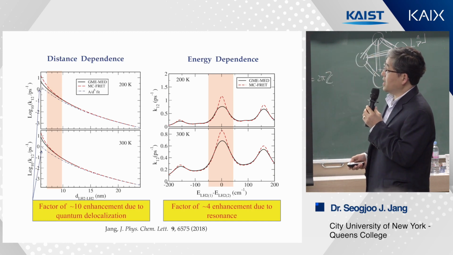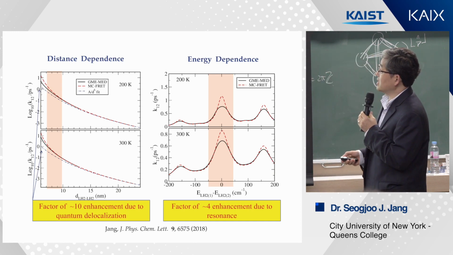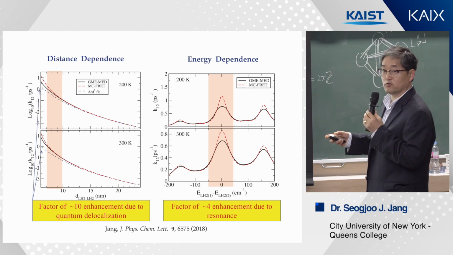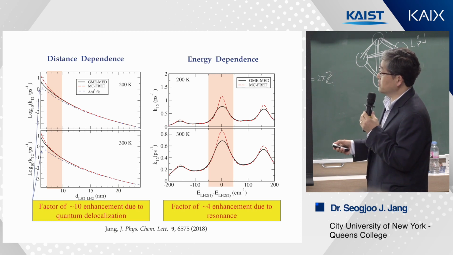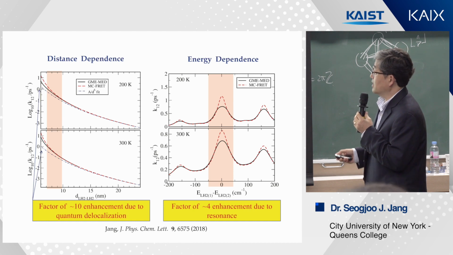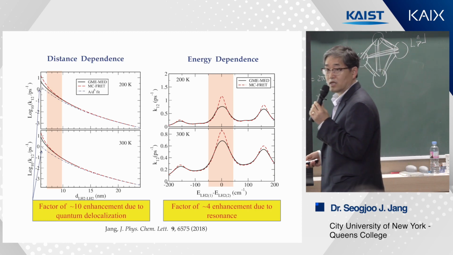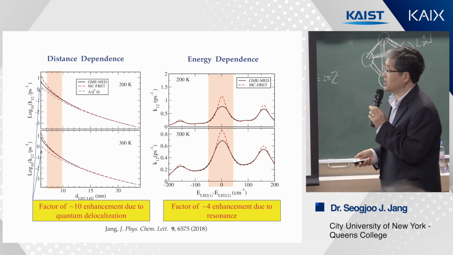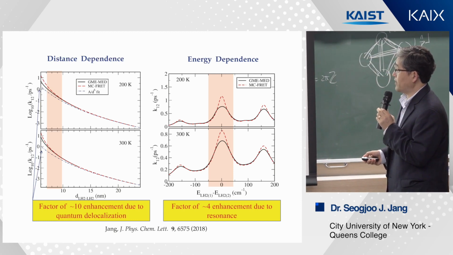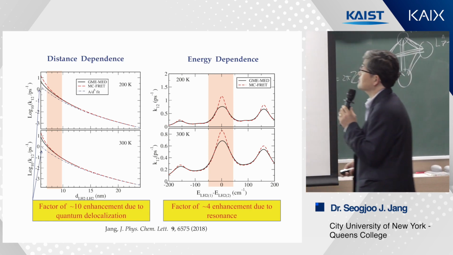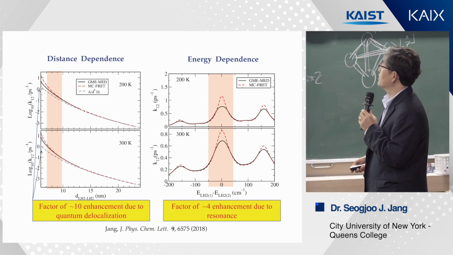And then we applied our theory to calculate the distance dependence of the exciton dynamics between two LH2 complexes. These are all on a logarithmic scale. If we extrapolate the long distance one based on the first type behavior, what we find is that when they are very close to each other, there can be about a factor of 10 enhancement due to quantum delocalization of excitons.